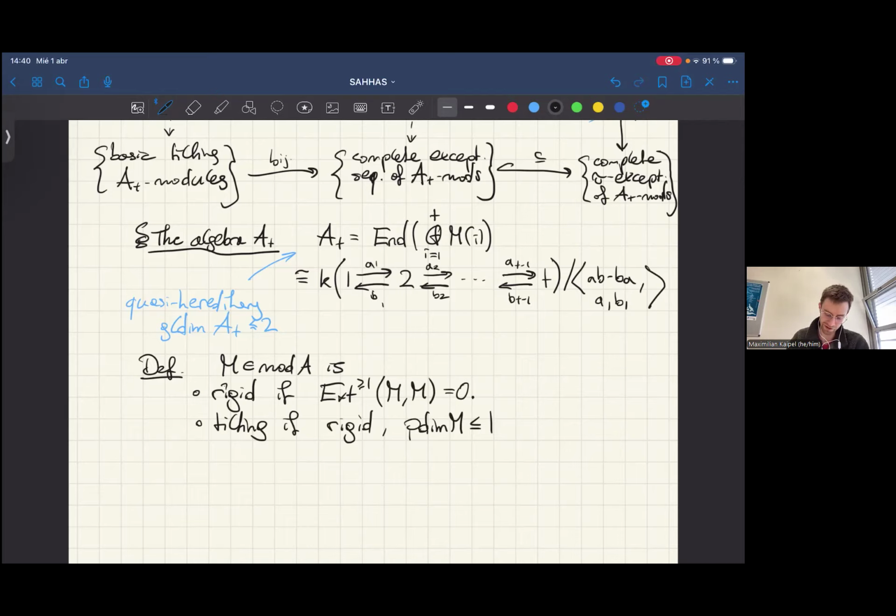So in fact, we can ignore all the higher Ext in this case, because we know that there'll be 0 from this projective dimension.